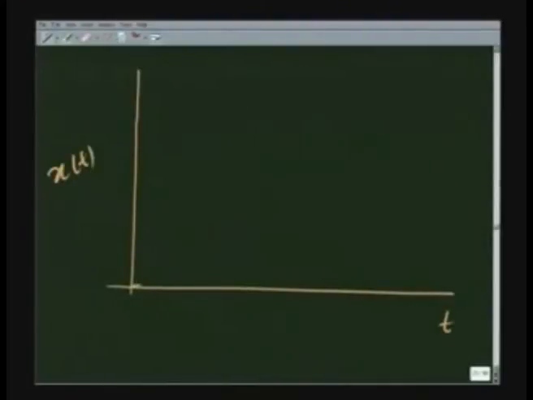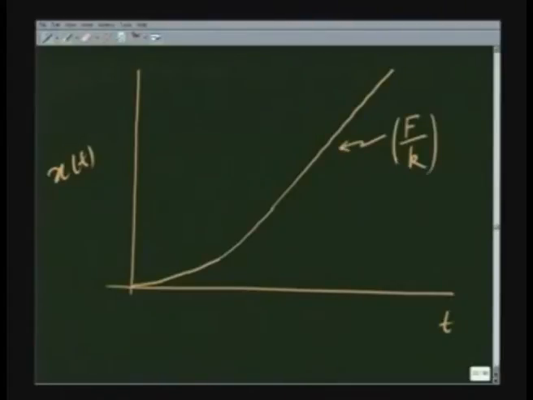Initially it's going as t square, and finally it goes as a straight line with slope F over K, which is nothing but the terminal speed, and which cuts the y-axis somewhere here, which is nothing but F m over K square. So this is how the particle is going to cover the distance with time.